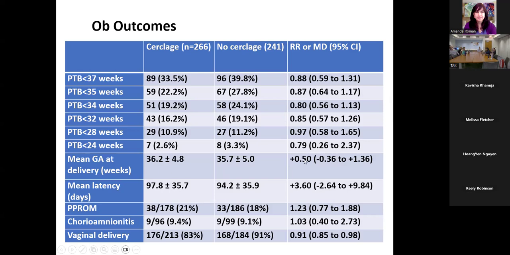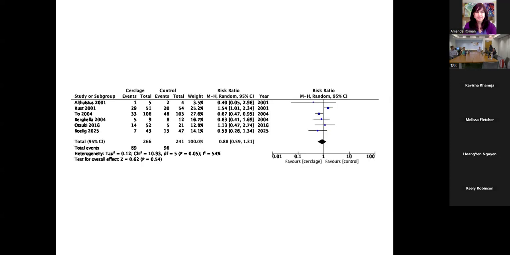They gained about half a week more, 3.5 days more, again non-significant, and the rest was the same. Except that, as has been reported in most well-done larger cerclage studies, C-section is more common in the cerclage group.